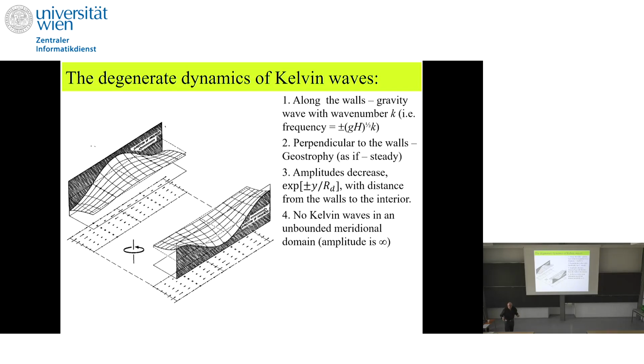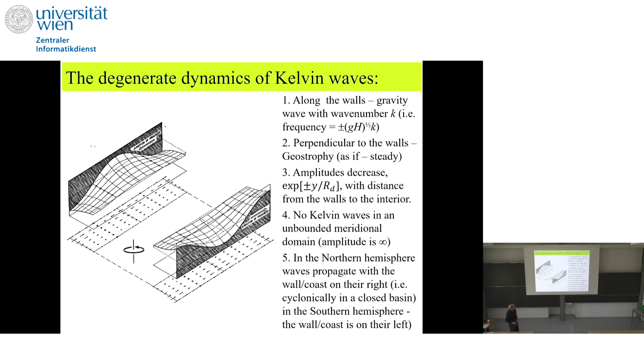Of course, Kelvin waves, since they decay to zero, can only exist in a bounded domain or along a boundary. Without the boundary, you cannot have Kelvin waves. An exception is the equator, which acts like a boundary. You're not dealing with it, but I'm telling you that the equator has some characteristics of a wall, not two walls.